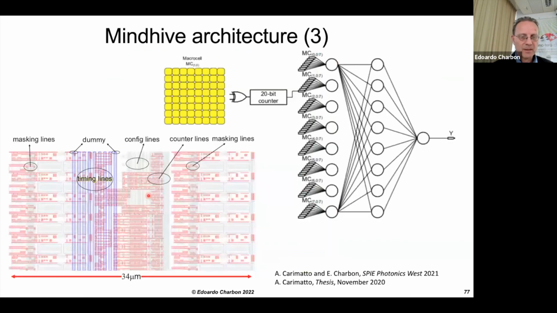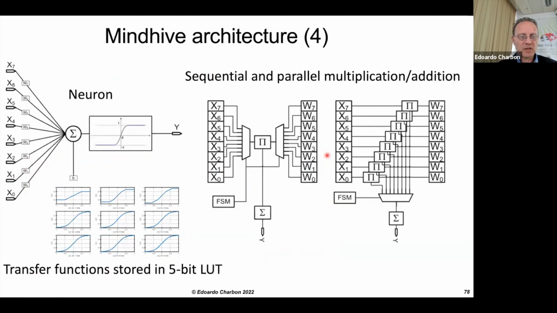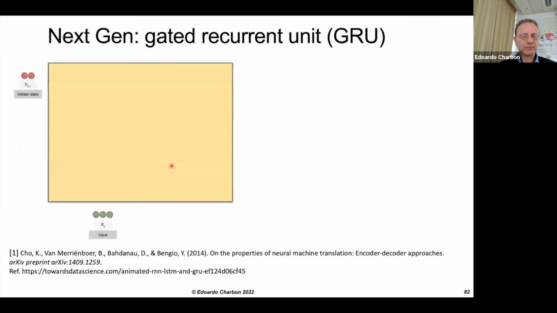So this is the actual implementation here. And then you can see the various parts, including the neural network that was achieved. And with this, we actually implemented a neuron using 9 types of nonlinear responses. And we were able to reconstruct handwritten signs.